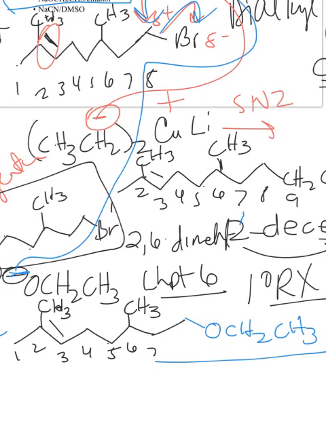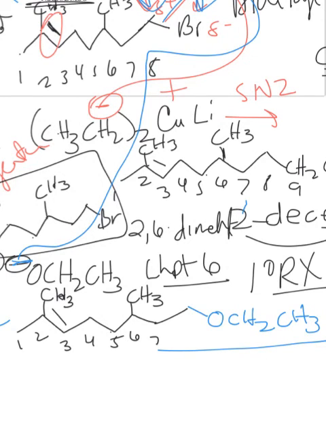sodium cyanide and DMSO. Sodium cyanide, that's a strong nucleophile. 1, 2, 3, 4, 5, 6, 7, 8.